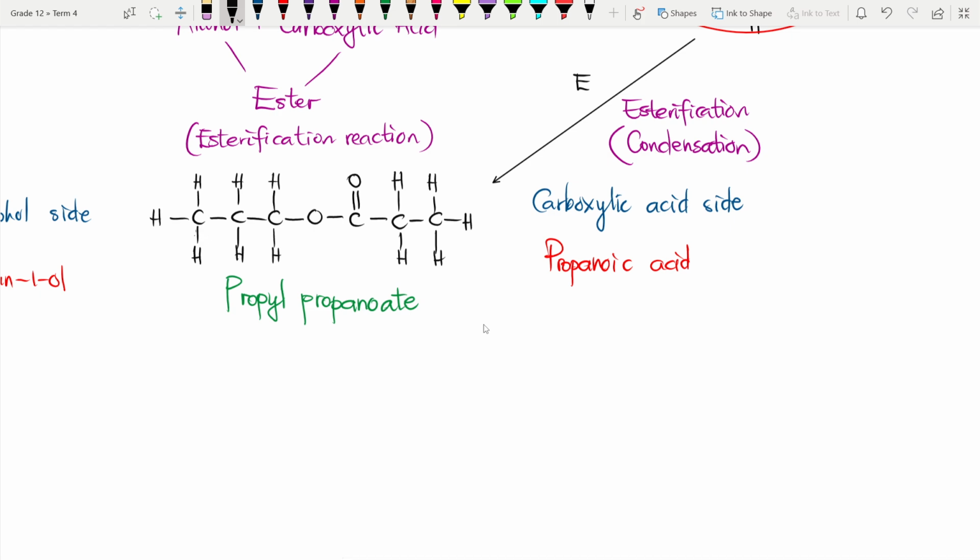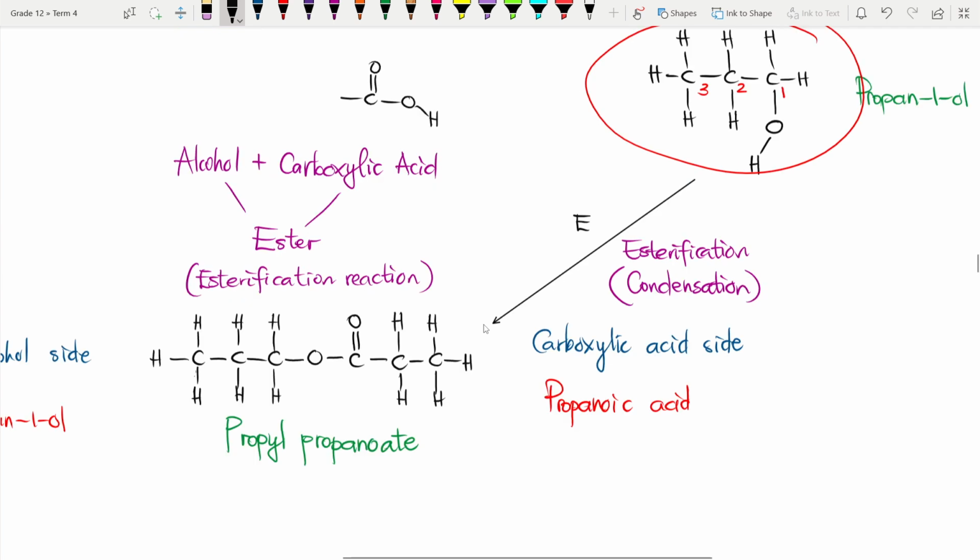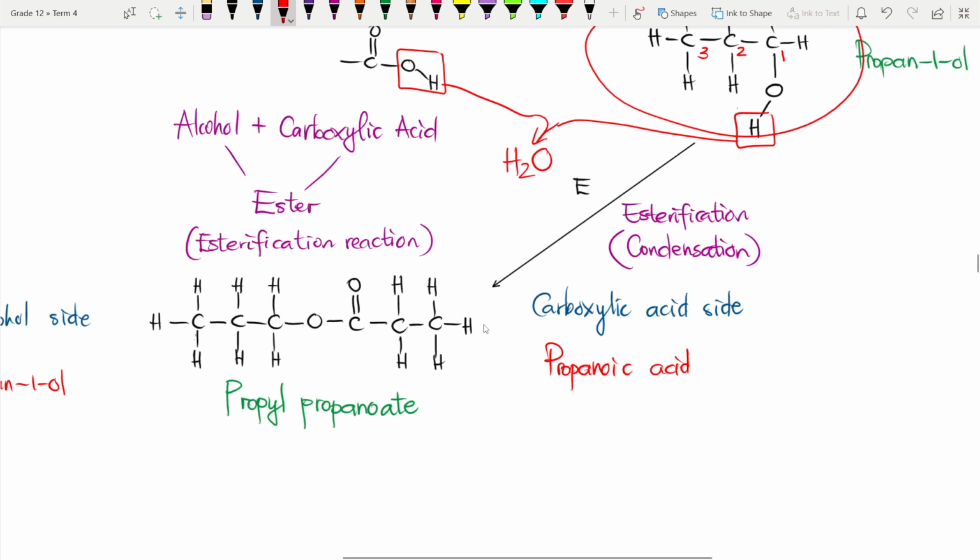You'll see that the carboxylic acid, when it meets the alcohol, is going to eliminate the OH from the carboxylic acid, and from the alcohol, it's going to take out the H. So a byproduct is H2O, which is water. That is always a byproduct of esterification.